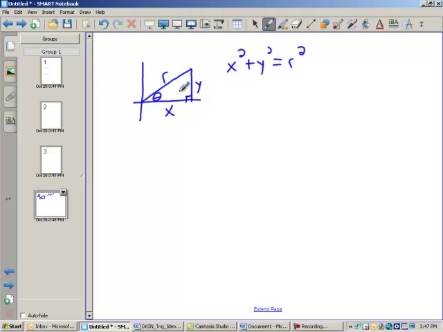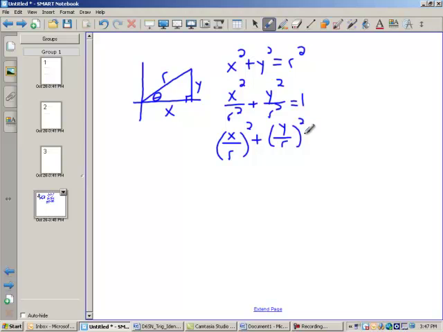Now, since r is positive and not 0, I can divide through by r squared to get the statement x squared over r squared plus y squared over r squared is equal to r squared over r squared, which of course is 1. This can be rewritten as (x over r) squared plus (y over r) squared is equal to 1.